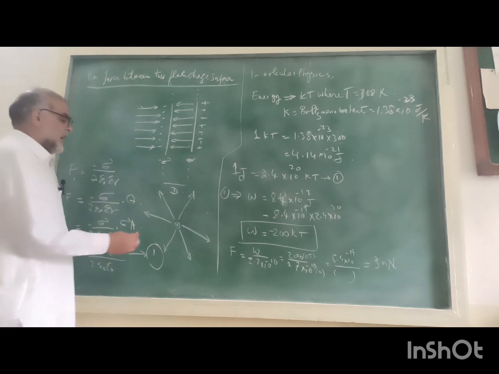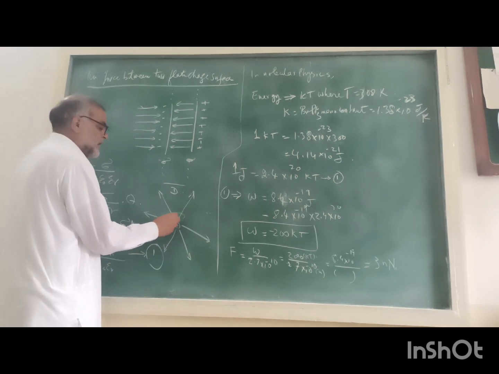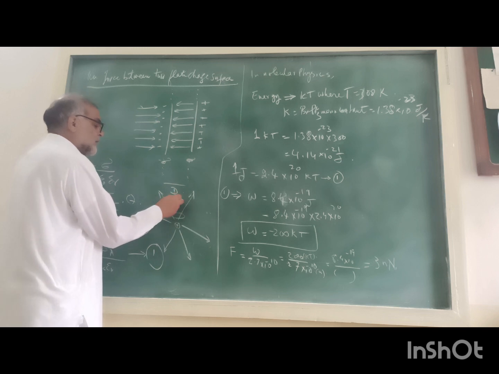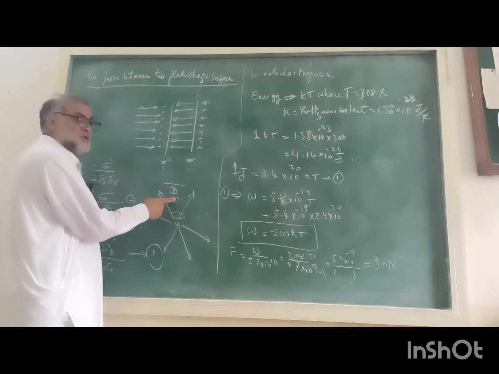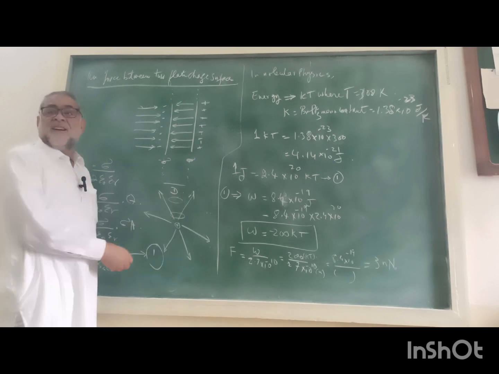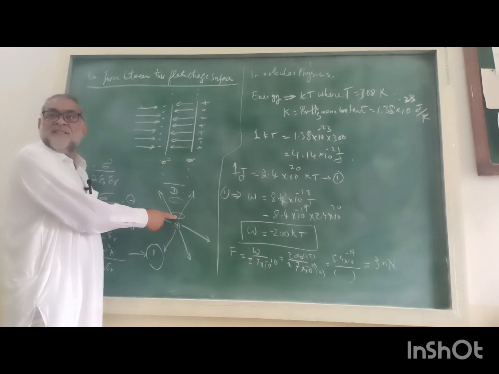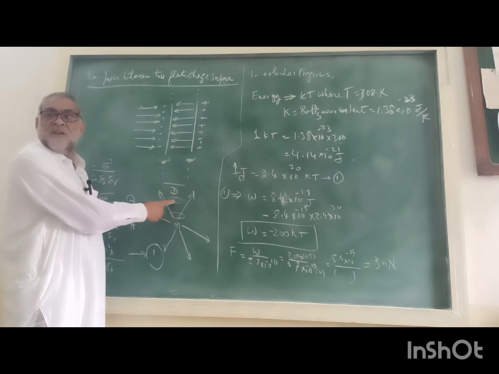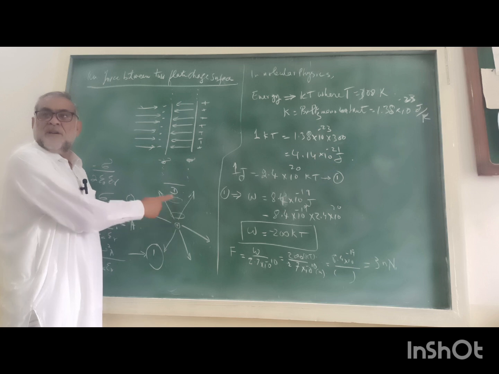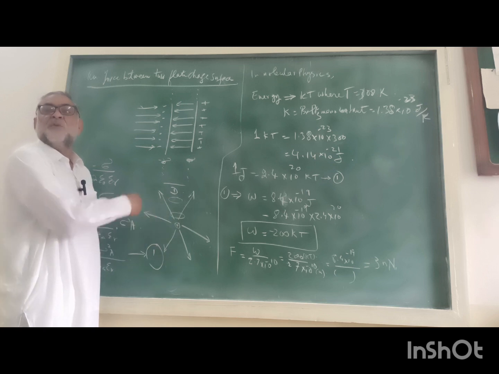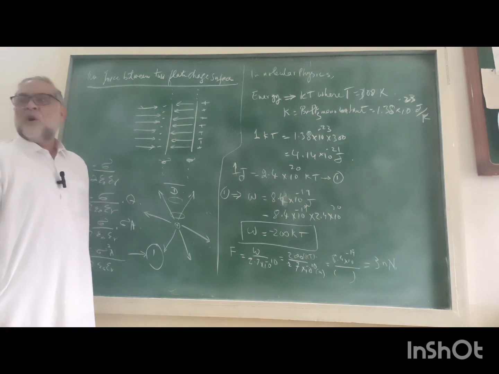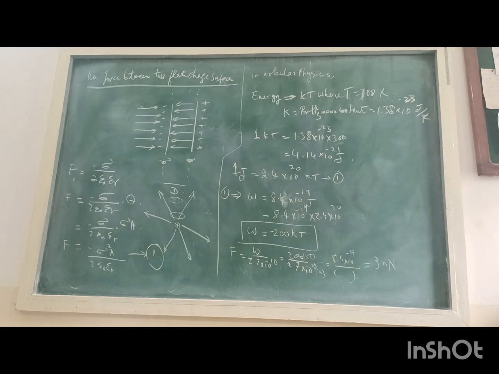Look, here the field is stronger, the lines are closer. Here the field is very weak because there is no line here in the same area. So here there will be more force and here less. So force depends upon distance here because the field gets weaker and weaker as you go away from the charge. You know what I'm saying?